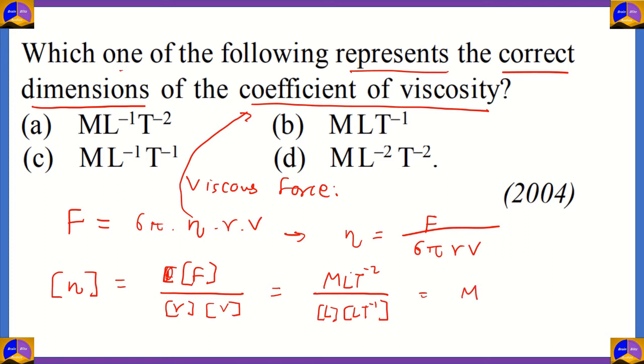For length, that's 1 minus 2, so L raised to minus 1, and T raised to minus 2 minus of minus 1, so that is T raised to minus 2 plus 1, which is T raised to minus 1, following the laws of integers. So the correct dimensional formula for coefficient of viscosity is ML raised to minus 1 T raised to minus 1. Among the 4 options, option C is the correct option.